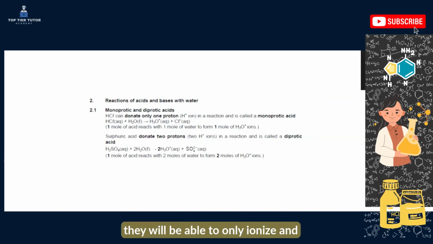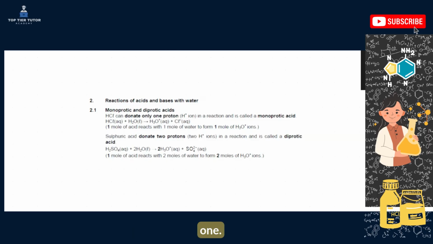They will only ionize and donate one proton, whereas diprotic implies that they're able to donate more than one hydrogen or proton. In this case, we can see that sulfuric acid has the ability to donate two hydrogens instead of just one.